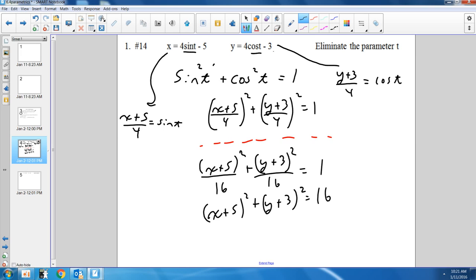And that form you may have seen before as a form of a circle. It's that same thing that you've studied. It's x minus h quantity squared plus y minus k quantity squared equals r squared. It follows that circular form, and that's why it's written like that in the back of the book. But again, you don't have to get into that. You don't have to draw. The main thing I want is that substitution.